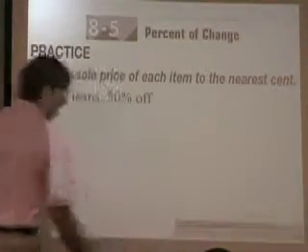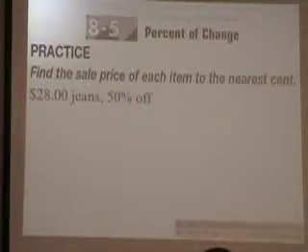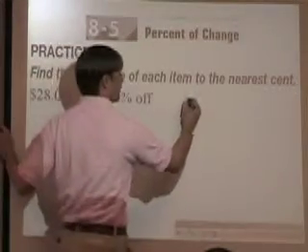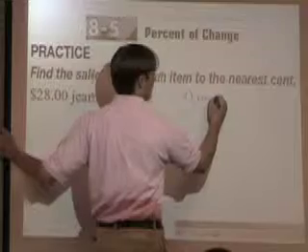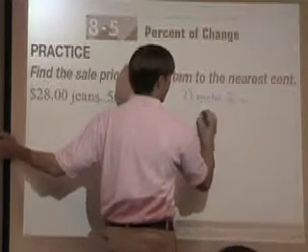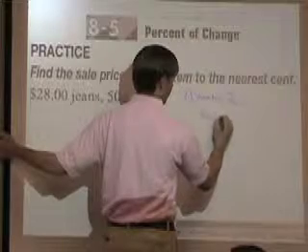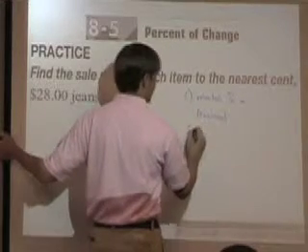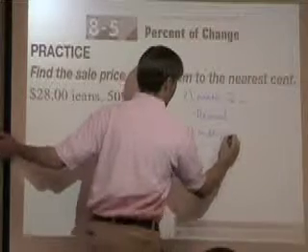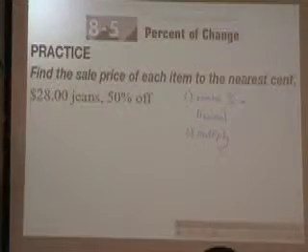And how much is it off? 50%. So the first step is just to make percent a decimal. And the second step is to multiply.